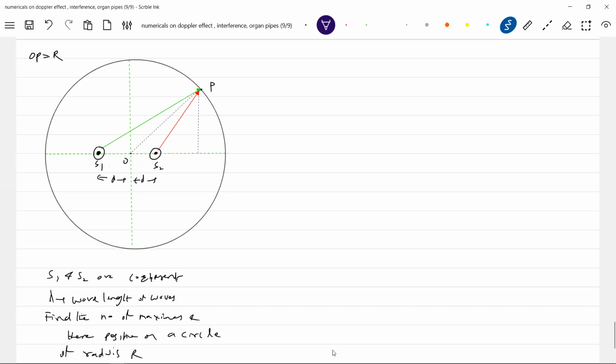Both sources will generate a wave. Is there any path difference of the waves when they arrive at point P? Yes, definitely. So what is that path difference? The path difference is equal to this.